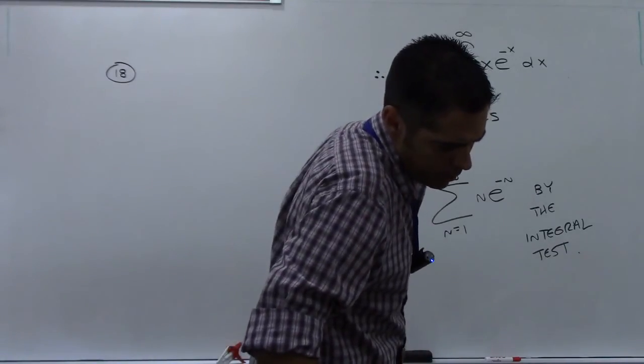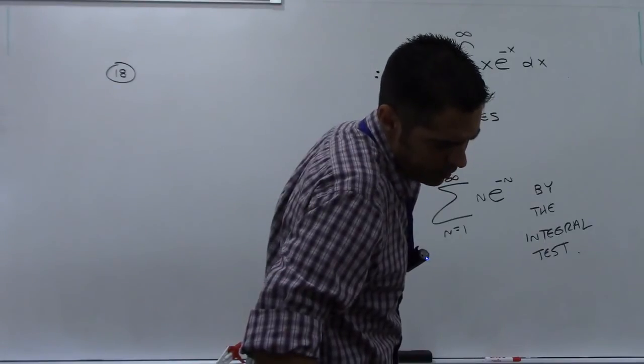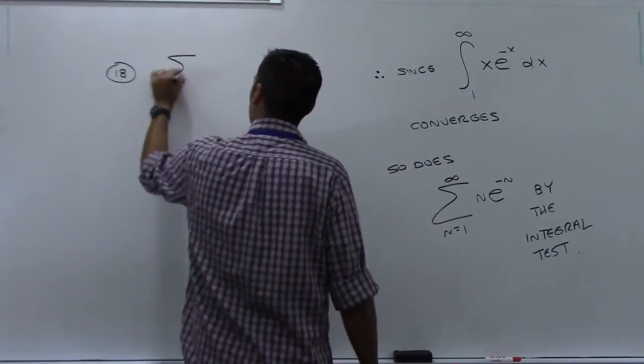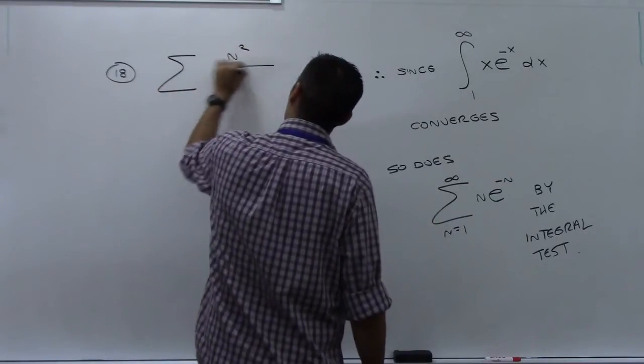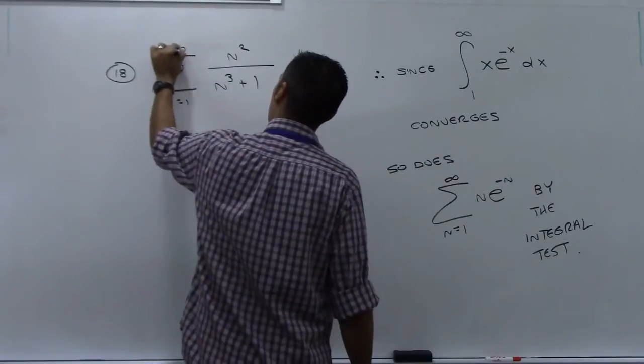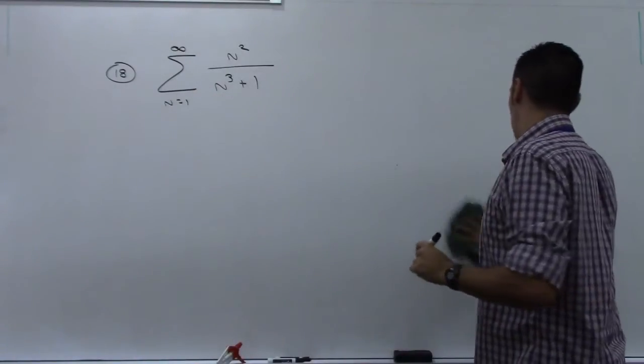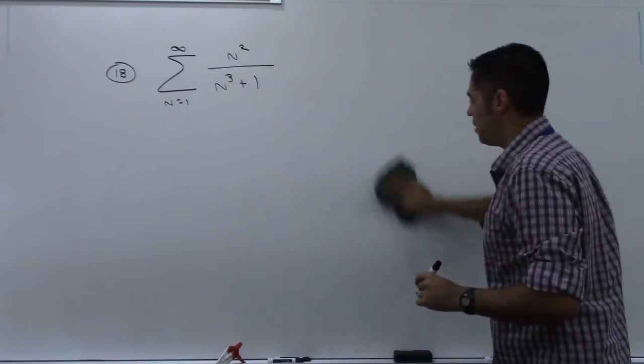Okay. Sum n equals 1 to infinity of n squared over n cubed plus 1. All right, so if I were doing this problem, initially, I would look at it and say, okay, I want to compare that to something.